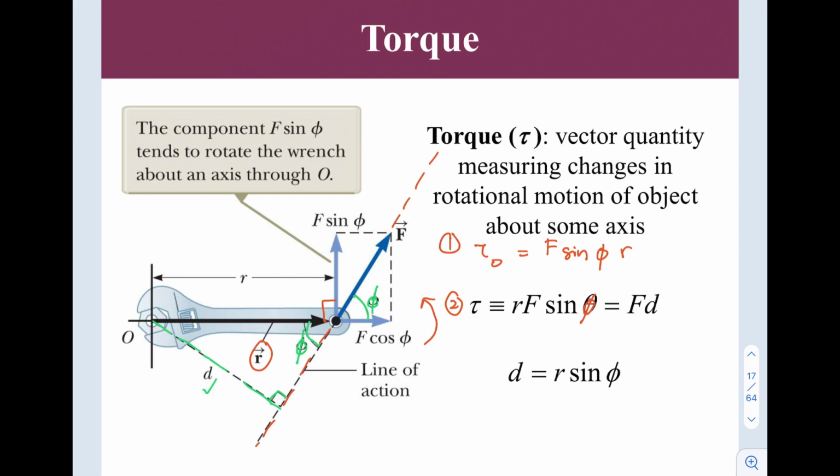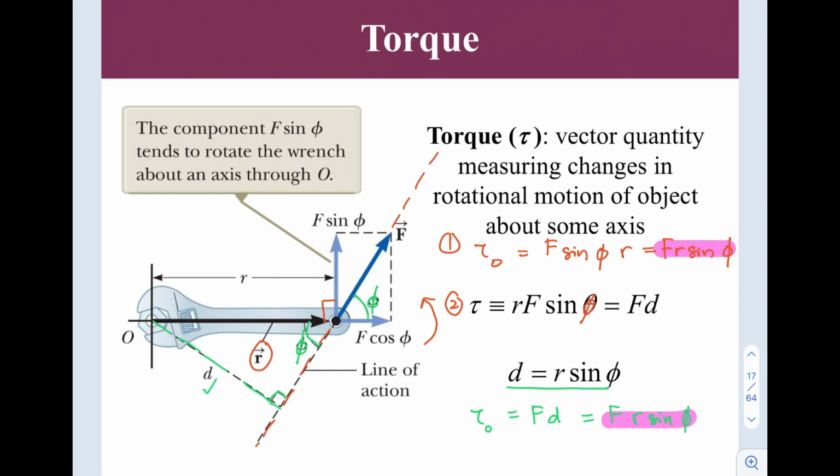Then make use of the R information and also the D to figure out that D is R sin phi. Then from that, to calculate torque at point O, our axis of rotation, it is the F times the D, which is equivalent to F R sin phi.